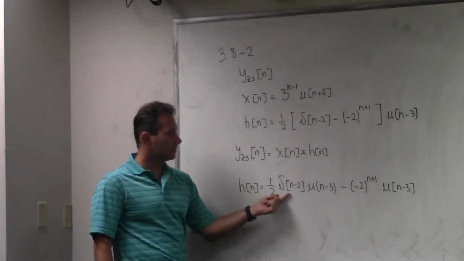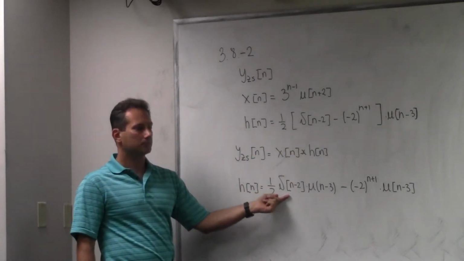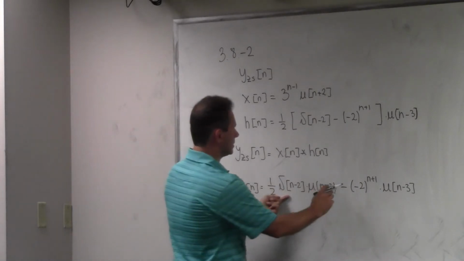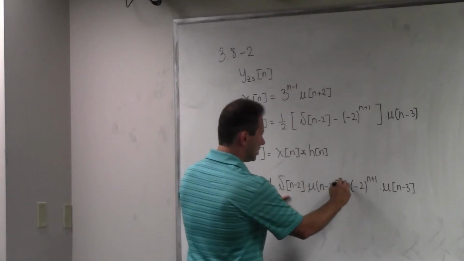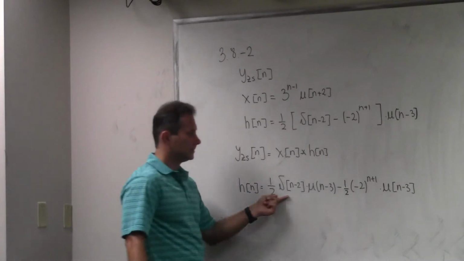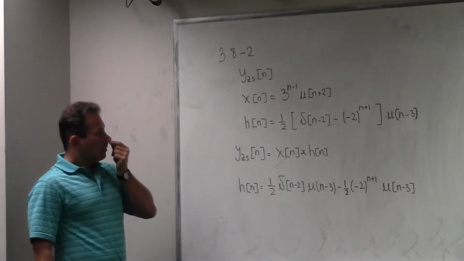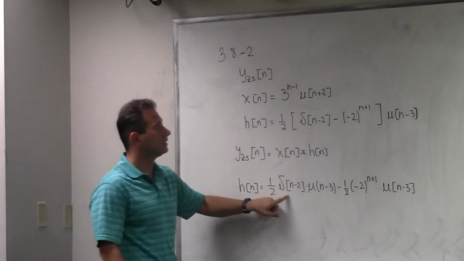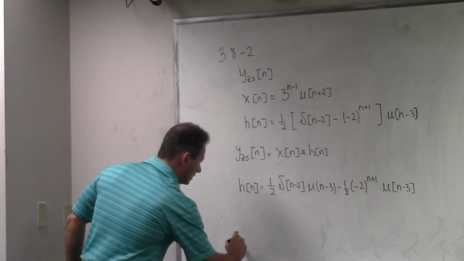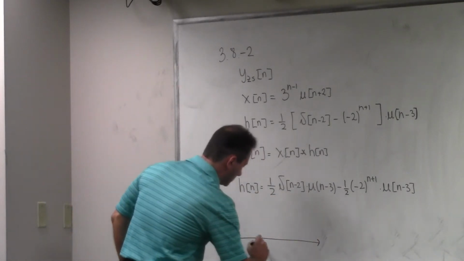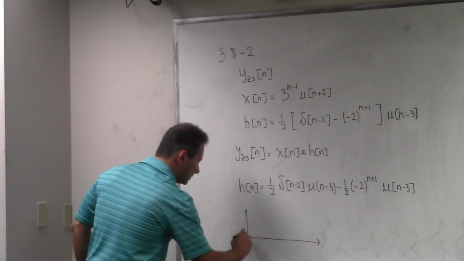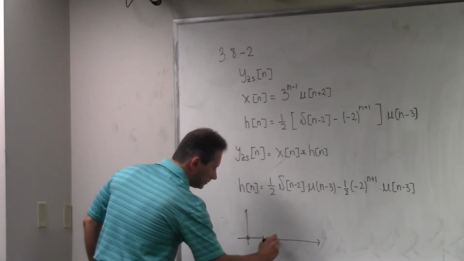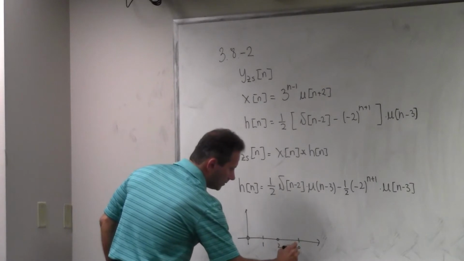Now let's take a look at this one. What is this? First of all, I'm missing something. What am I missing? Minus 1/2 here, right? Let's take a look at this one here. This is a delta. So this is 0, 1, 2, 3.